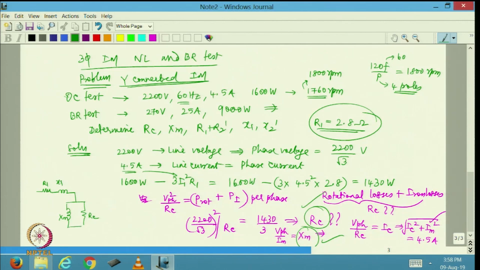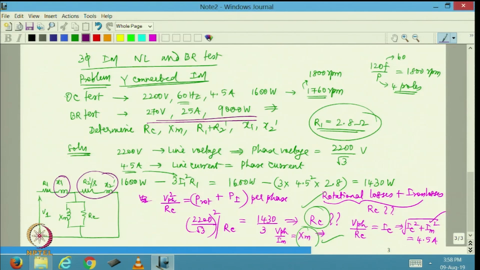Now, I have R2 dash divided by S, and I have to get X2 dash, and this is the equivalent circuit completely, which is V1. So, I am yet to get R2 dash and X2 dash, for which I should be using the block rotor test data.